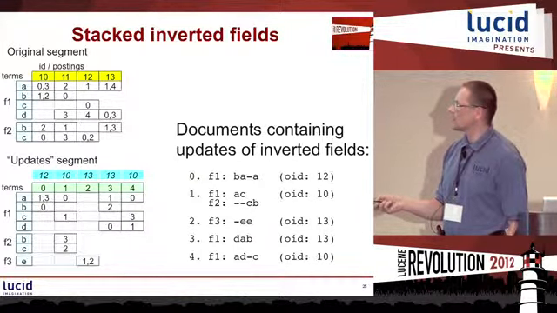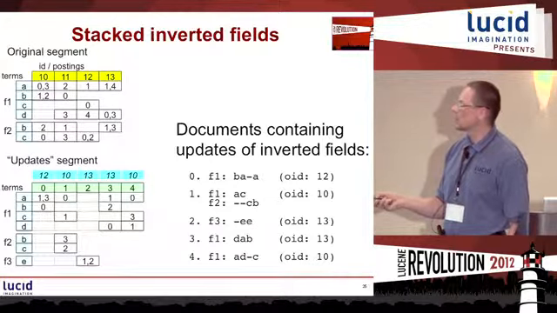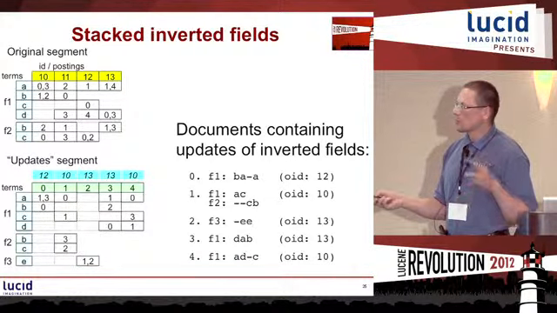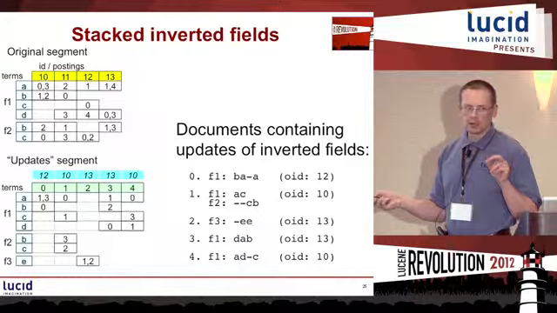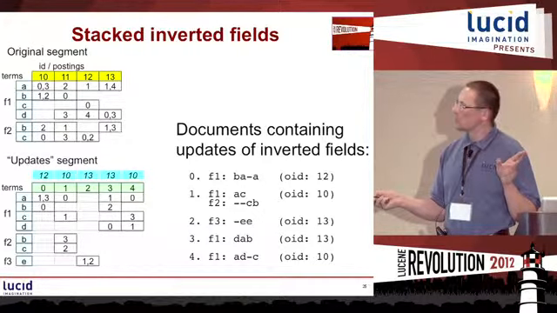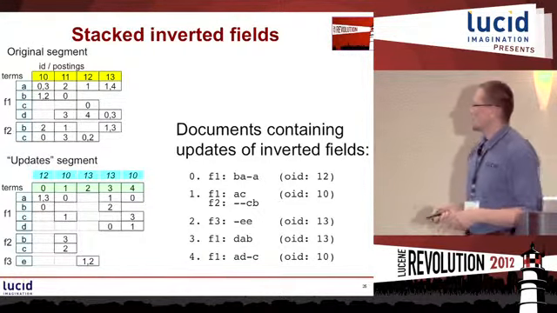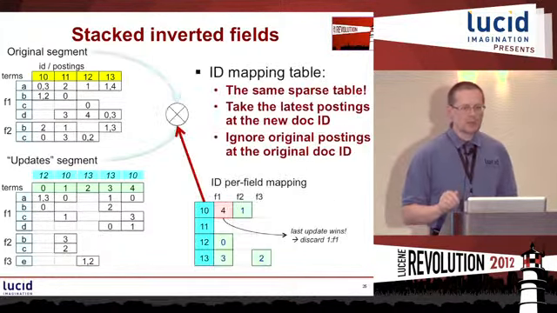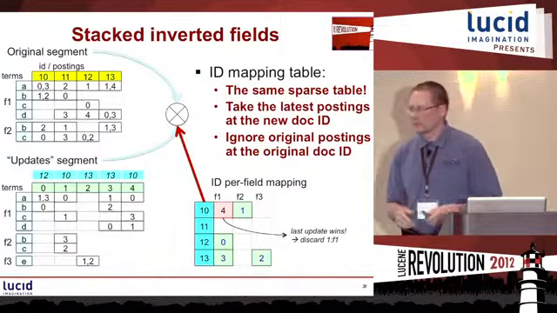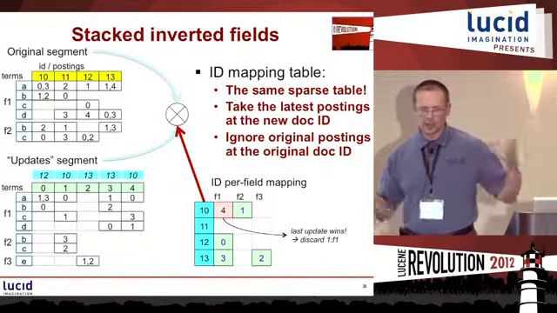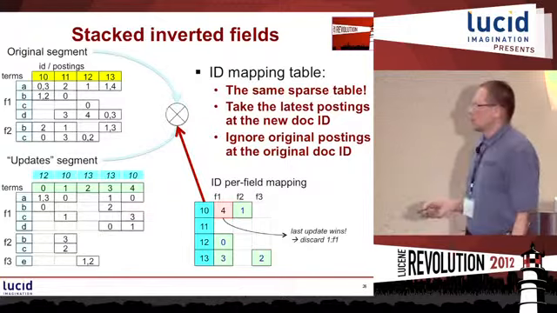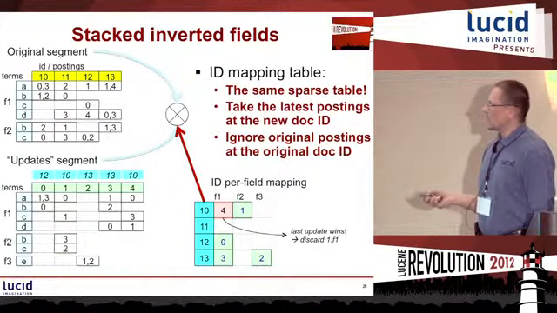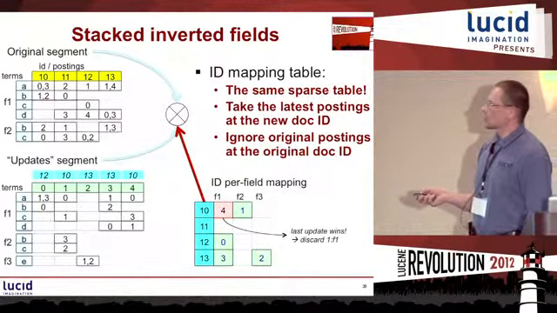For field 1, at position 0, we have term B. At positions 1 and 3, we have term A. And you remember that we recorded that this document refers to the original document number 12. Which is actually good, because this means that we can reuse the mapping table, which is very nice. We don't have to build yet another structure. So we have this ID per field mapping table that we are going to reuse.